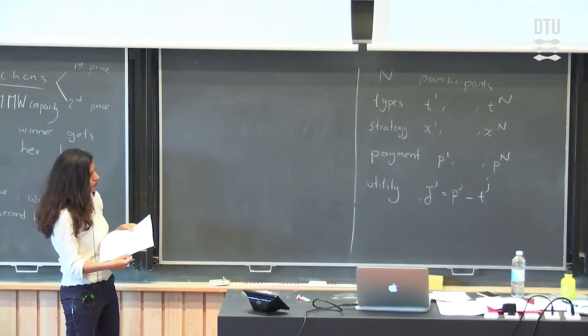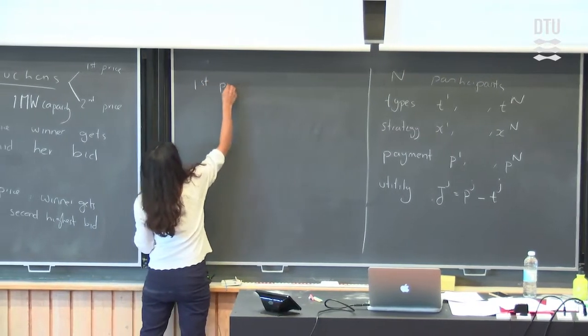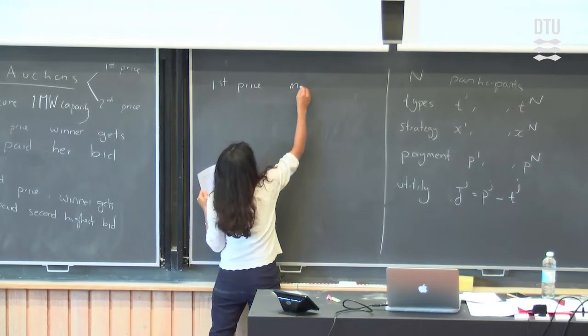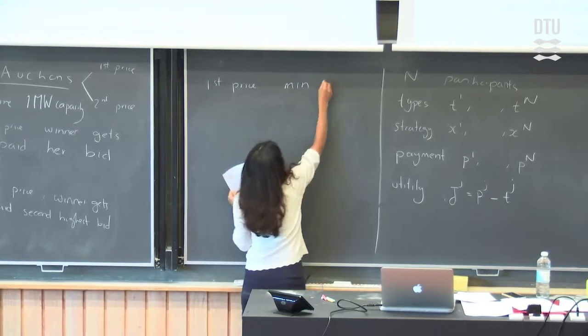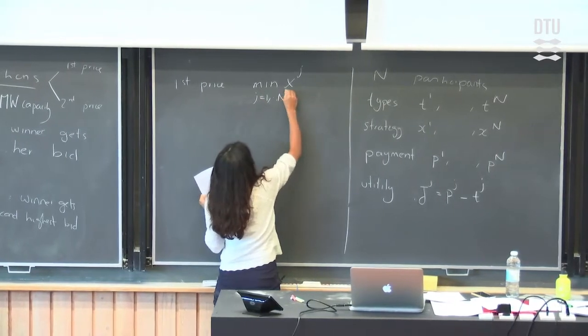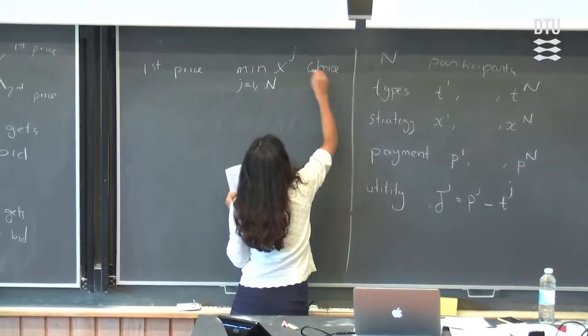Okay, so in the first price auction, the winner is the argmin over j from 1 to n of xj. This is called the choice, the social choice function.